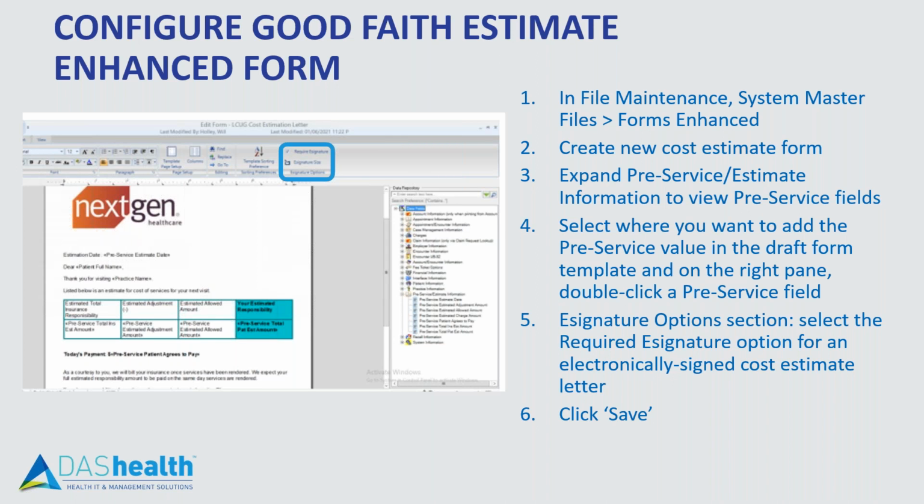From there, to select the data fields that are going to pull over automatically, you'll expand your pre-service and estimate information to view those fields, and select and pull them over where you want those to be included on your GFE letter. From here, you also can add the ability for an e-signature option to be required, and then you would go ahead and click Save.